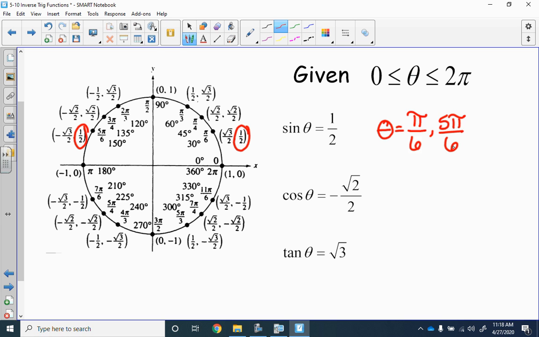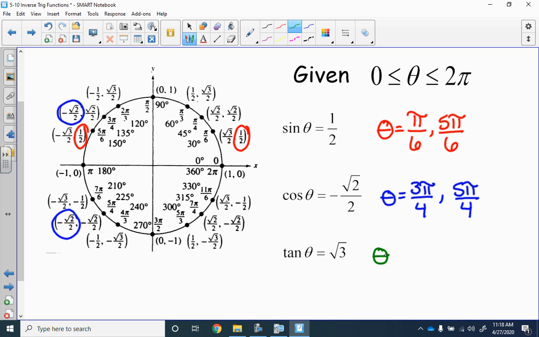For cosine, the inverse cosine of negative square root of 2 over 2, I see cosine here is negative square root of 2 over 2, and here as well, so theta is equal to 3 pi over 4 as well as 5 pi over 4. And then what about tangent? When is tangent equal to the square root of 3?